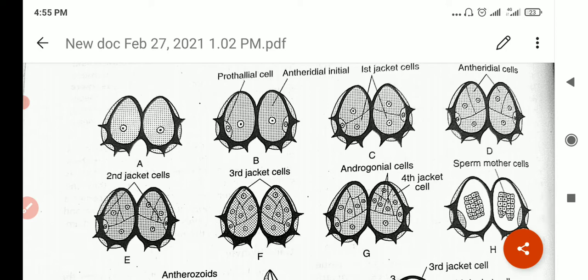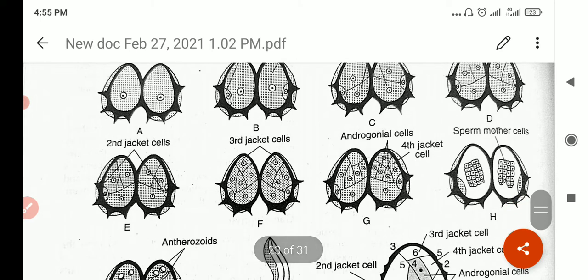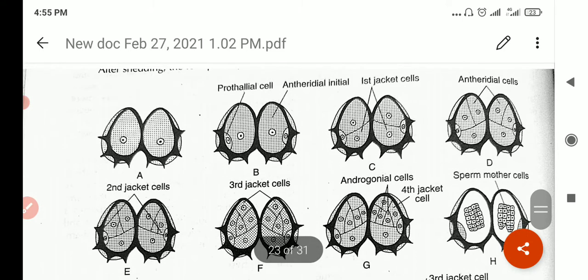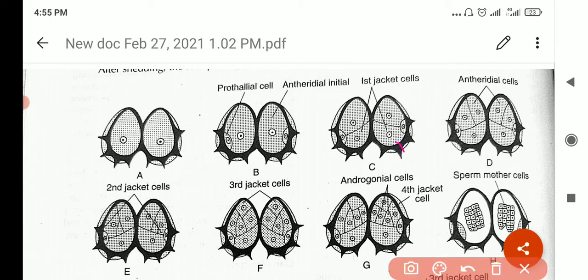What is easy for you is to practice the diagram first and then explain in your own words how the division occurs, because just by memorizing, you will confuse yourself. If it divides this way, you say horizontal. If it divides that way, you say vertical.